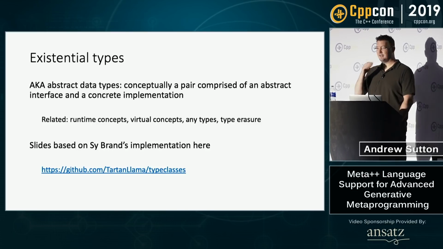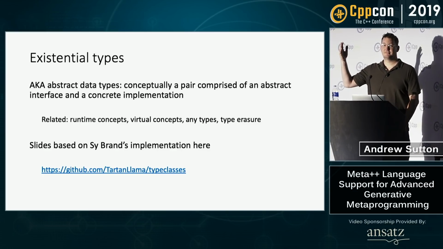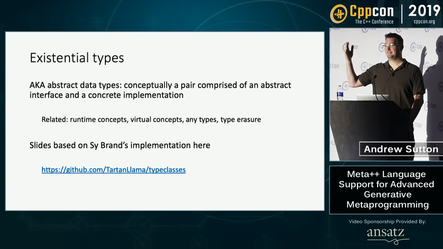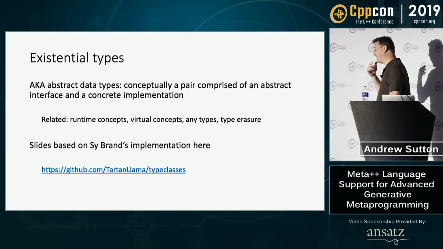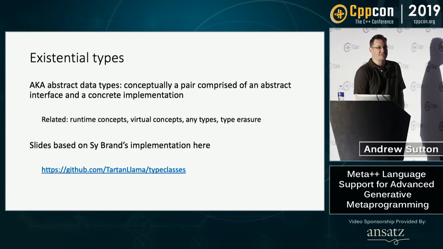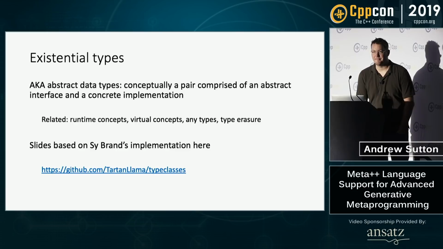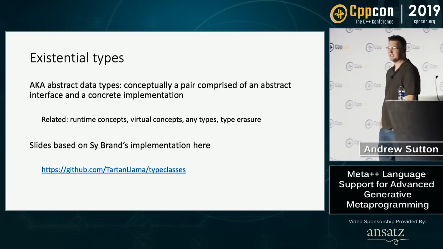Okay, so you guys know what existential types are? Some? Abstract data types? Type classes? Rust type traits? Okay, so abstract data type is, well, these are basically abstract data types. So conceptually, these are just a pair of an abstract interface and a concrete implementation. There's lots of ways these can get reified in C++.